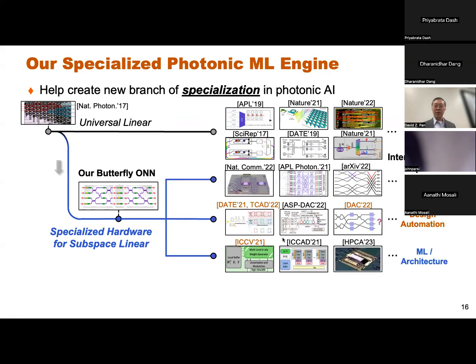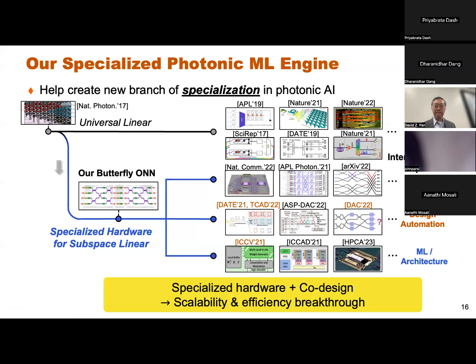There are a lot of papers published along this line on how to generate specialized hardware for subspace optimization. So again, customization and specialization: depending on the workload, you can get orders of magnitude efficiency.